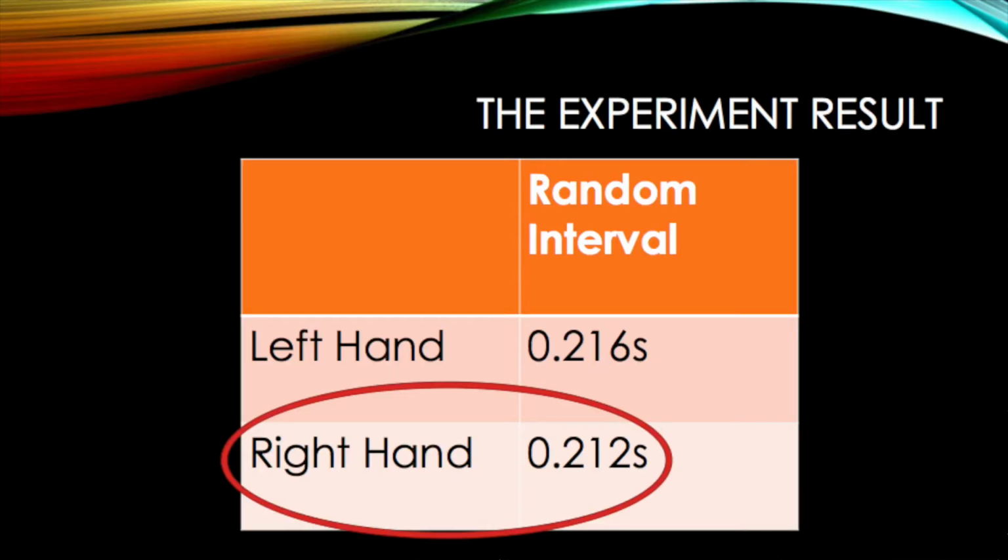Secondly, the right hand with random interval is faster than the left hand with random interval. Compared with the left hand random interval of 0.216 second, the right hand random interval of 0.212 second is less.